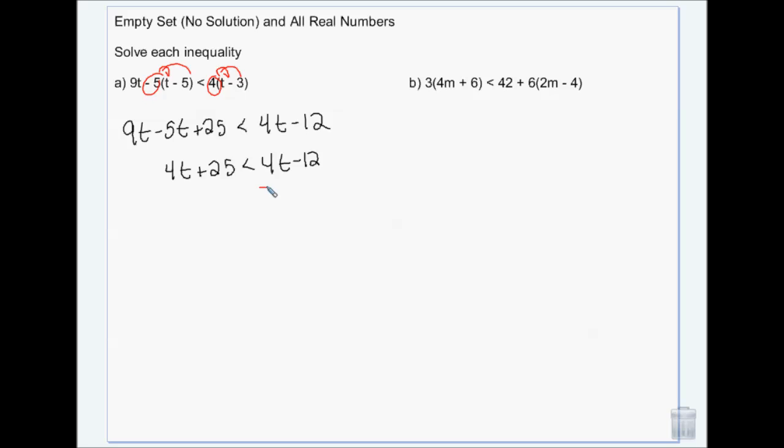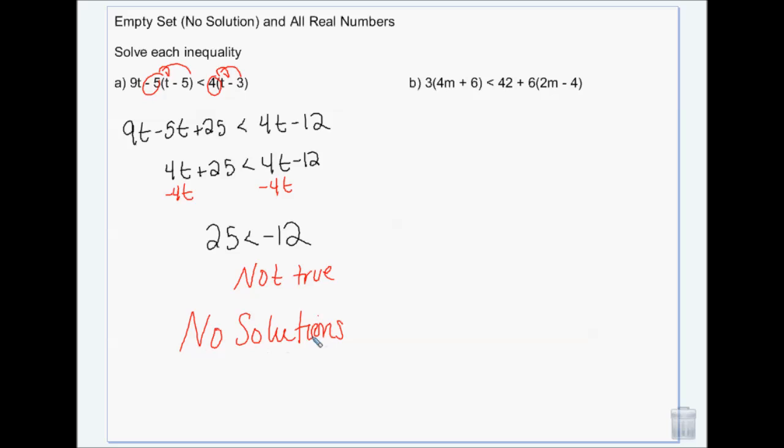If I subtract 4t from both sides, I get 25 is less than negative 12. No. Right? This is not true. So whenever you get a not true statement, you have no solutions. Very similar to when you get an equation where you get like 5 equals 17. 25 is not less than negative 12, so this is not true, so there are no solutions.